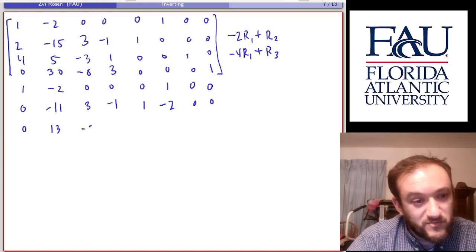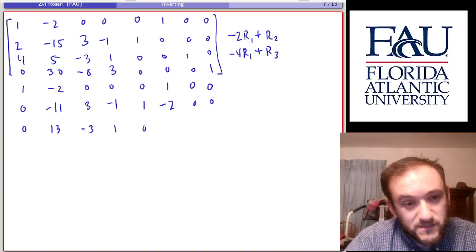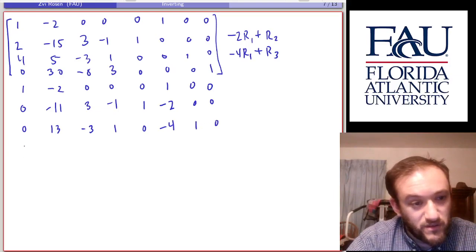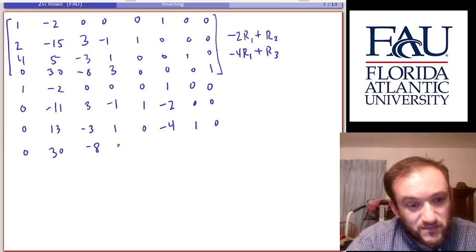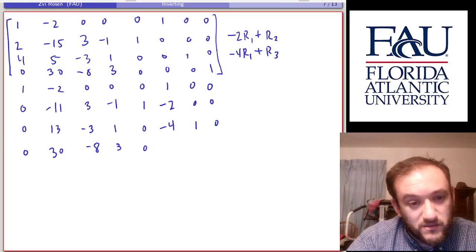And then this stays minus 3 and 1 and 0 and minus 4 and 1 and 0. And then this we didn't have to add anything to, so it stays the same. 0, 30, minus 8, 3, 0, 0, 0, 1.